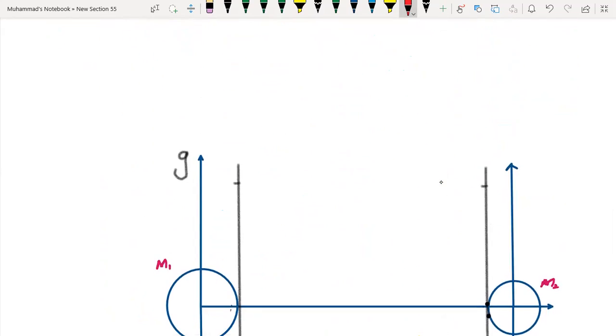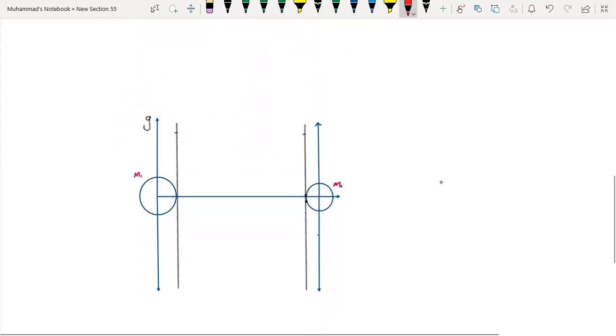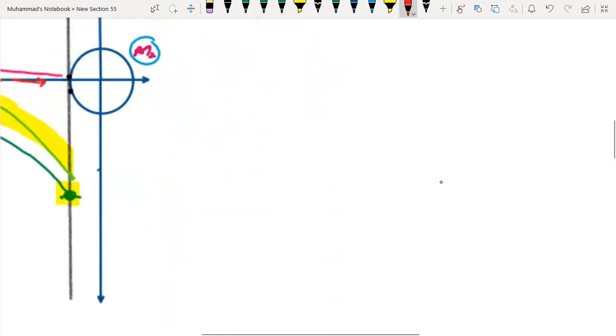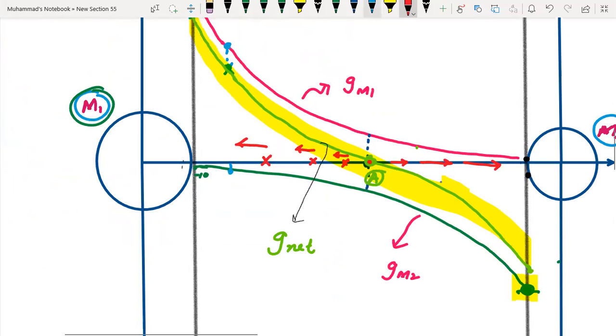Okay. Now I want to draw a graph of net force. Let's say I have a mass over here. I will place a mass somewhere here on this point.